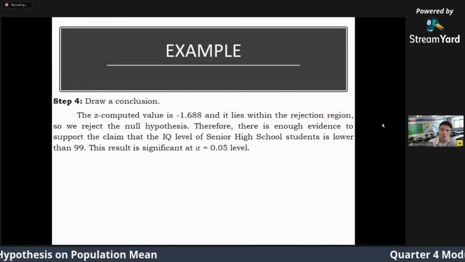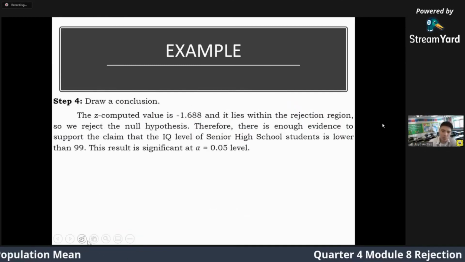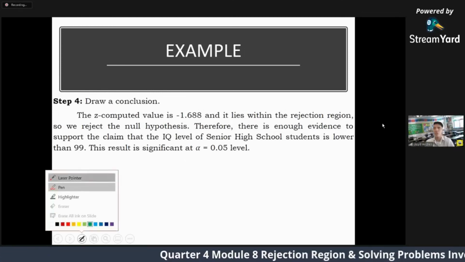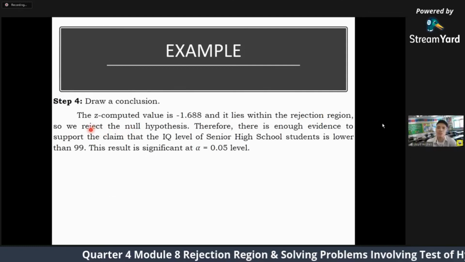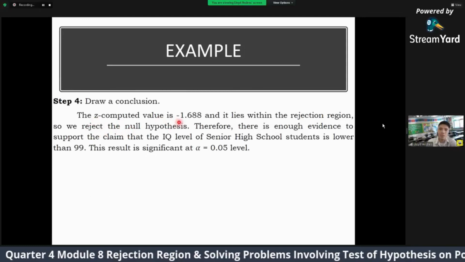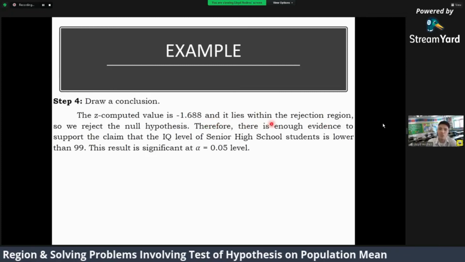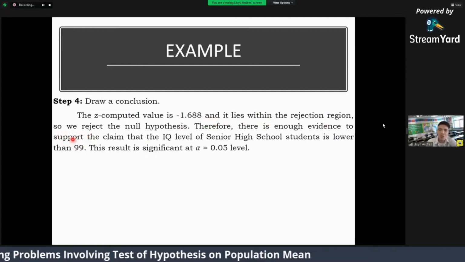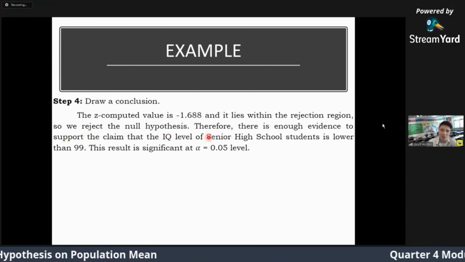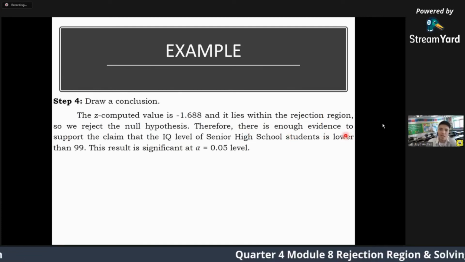So we can now draw a conclusion. So using the graph, since the z computed value is negative 1.688 and it lies within the rejection region, so we reject the null hypothesis. Therefore, there is enough evidence to support the claim.